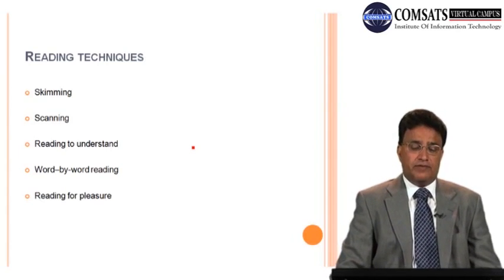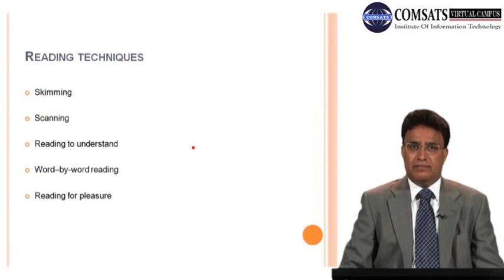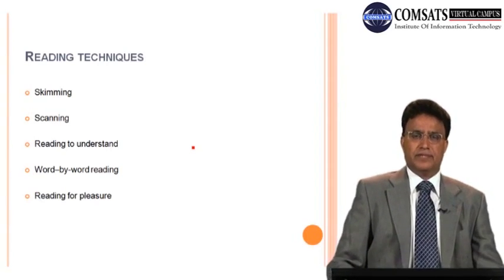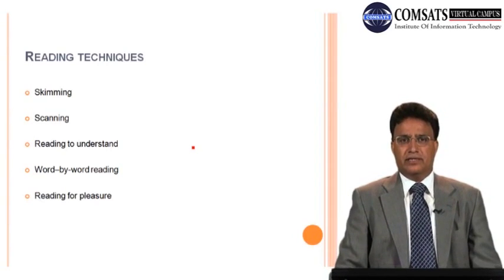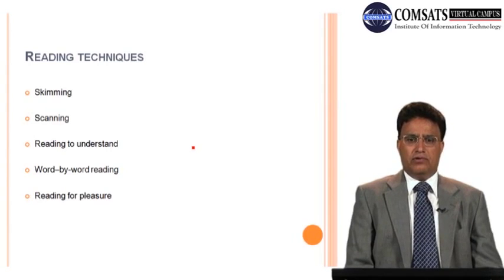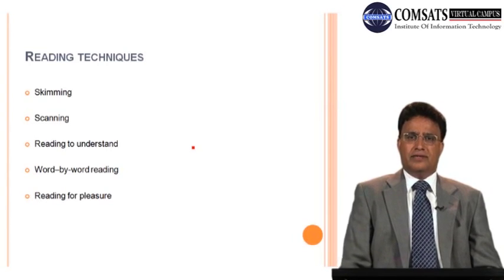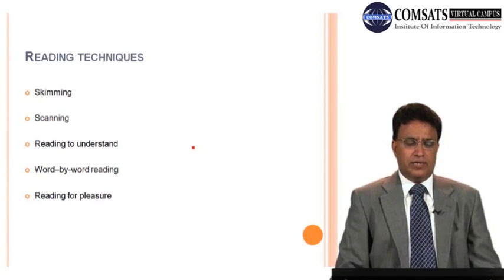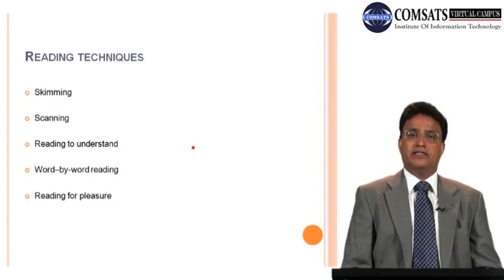And the last type of reading is reading for pleasure. Reading for pleasure is extensive reading. It is a kind of reading which you use when you read a novel or a short story. And the purpose is pleasure, so its vocabulary will be easier as compared to any academic text. In reading for pleasure, the purpose is to read more and enjoy.